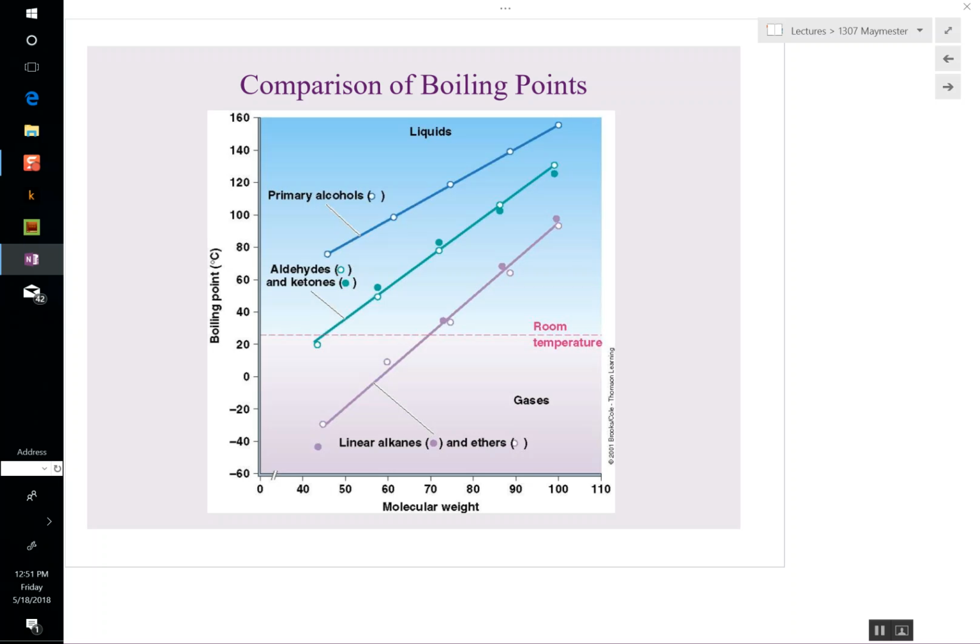I can go over here to this molecular weight: alkane, aldehyde and ketone, alcohol. Go over to this molecular weight: alkane, aldehyde and ketone, alcohol. The alcohol is always beating out the aldehyde and ketone, which is always beating out the alkane in terms of boiling point, if you look at a particular molecular weight. A picture's worth 1,000 words. It's got a lot of data on it.